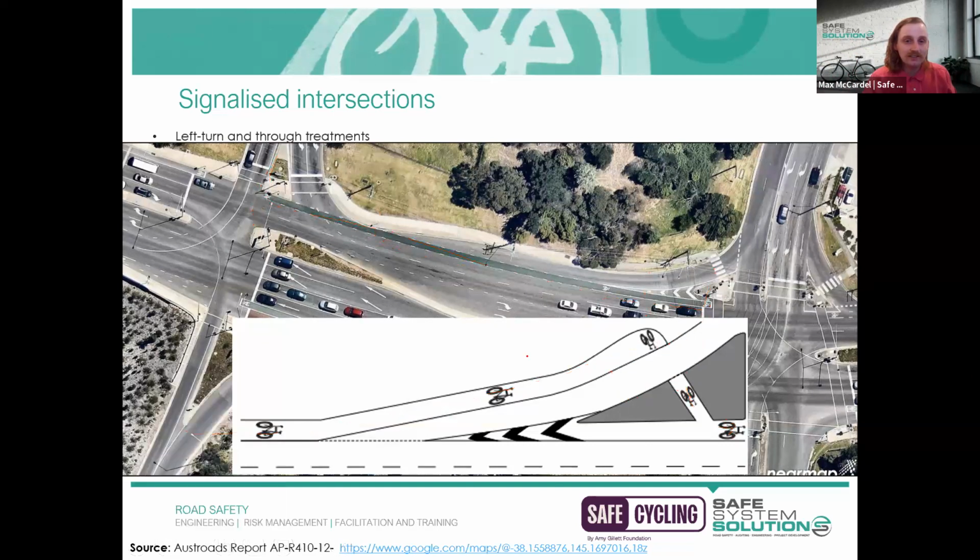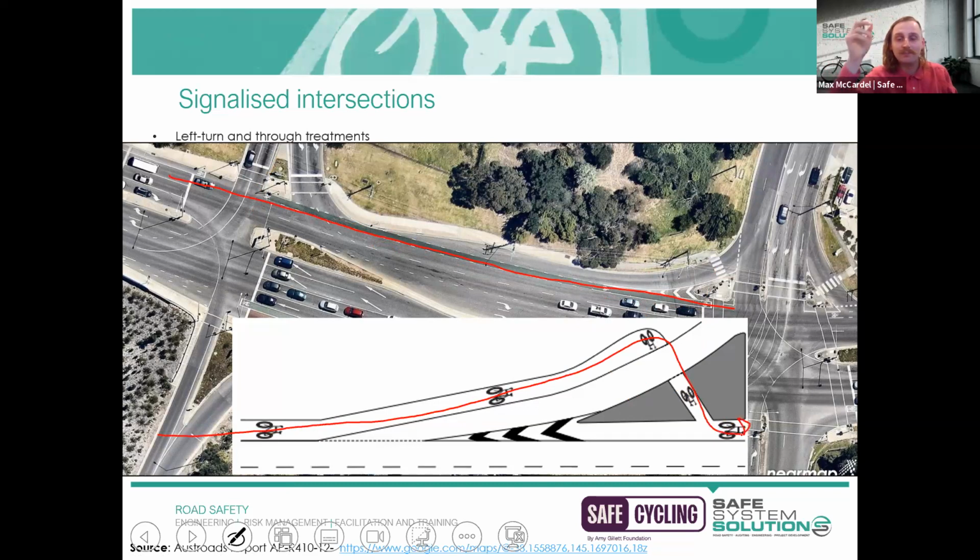Now, the reason I say that with a little bit of skepticism is because cyclists who are riding in environments that look like this, from memory this is 80 kilometers per hour, could be 70, I find it difficult to believe that they would take a path like this to continue their journey. Cyclists would already feel comfortable riding in that environment, despite the risks.